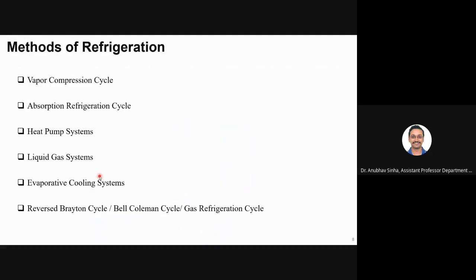Okay. Now for refrigeration, we have just talked about the vapor compression cycle. This is the major or most common method which is used for refrigeration. We could also use absorption refrigeration cycles. We can use heat pump systems, liquid gas systems, or, recently a lot of interest has been generated in evaporative cooling systems.